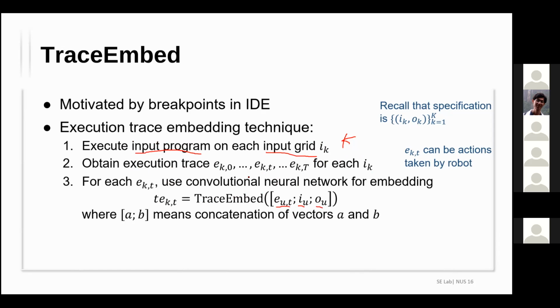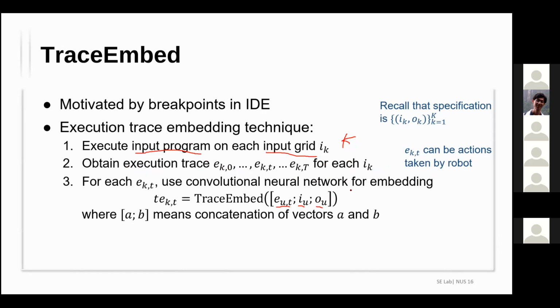This paper actually didn't mention how they are storing the execution trace. And I think this is a very important factor. But another paper mentioned that it can just be the actions taken by the robot, like moving forward or turning left. So maybe in our case it will be move, put marker. That will be the execution trace, so to speak.